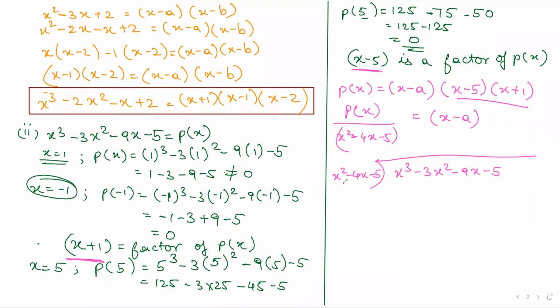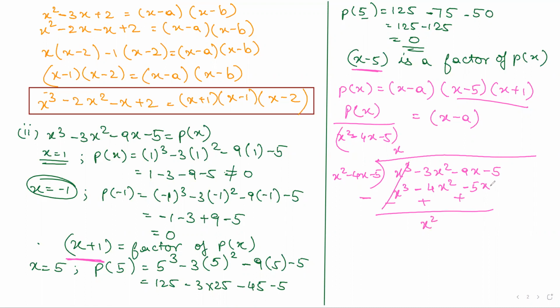X cubed divided by x squared will give you x. X is multiplied by the whole expression, which is x cubed minus 4x squared minus 5x. Subtraction, change the signs of the second level. This gets cancelled. Minus 3x squared plus 4x squared gives x squared positive.